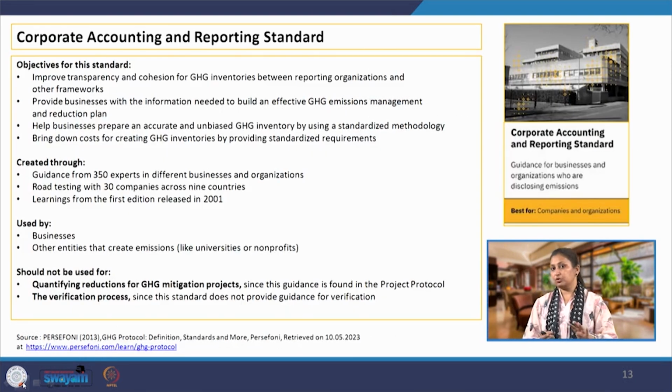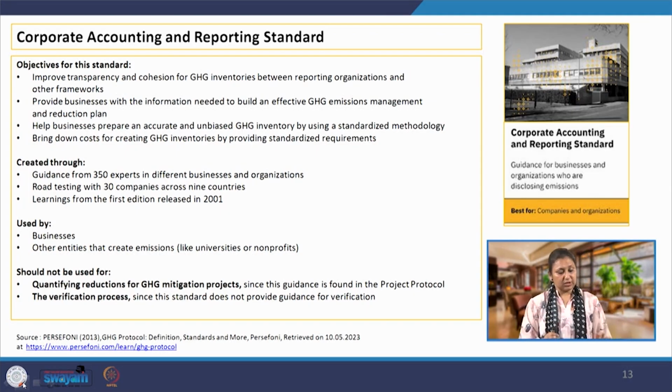We will quickly go through each one of these, and one thing I would like to emphasize here is what is not covered in this particular protocol and what is covered. The first one, as we said, is the corporate accounting and reporting standard. This is a guide for businesses and organizations who are disclosing emissions. As I said, disclosing and reporting emissions is not binding, but more and more corporates and businesses are coming forward to report their emissions.